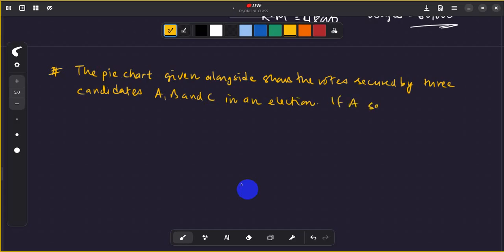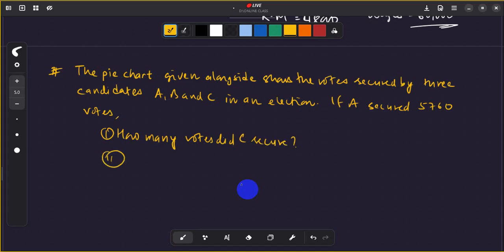If A secured 5,760 votes, how many votes did C secure? Second, who secured the least vote, and how many votes did he secure?